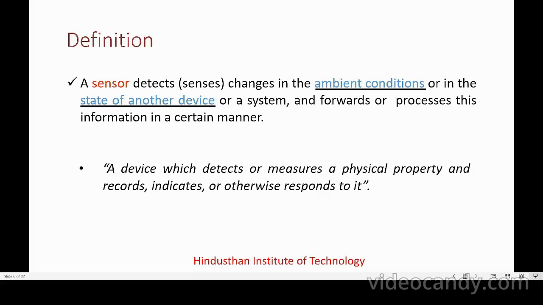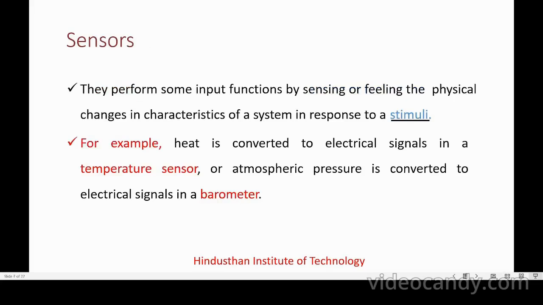So here a sensor is nothing but a device which will detect or measure a physical property, and it records the sensor values, and also it indicates or otherwise responds to it. Here a sensor may perform some important input functions by sensing the physical changes in a system, mostly responding to stimuli.